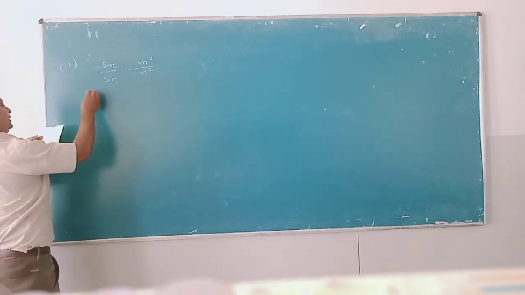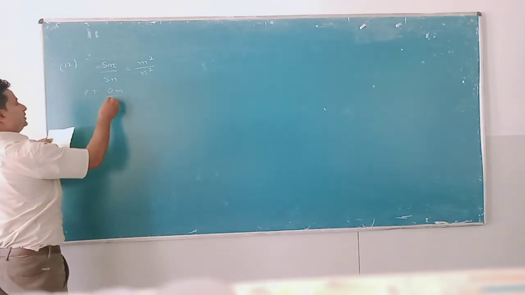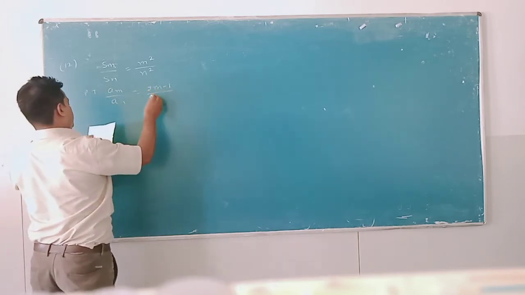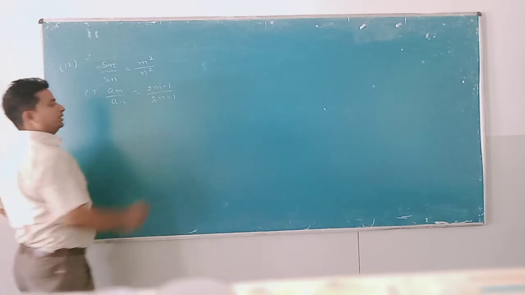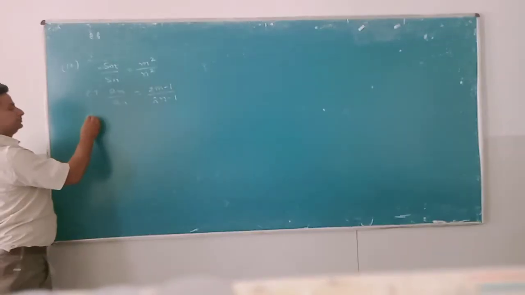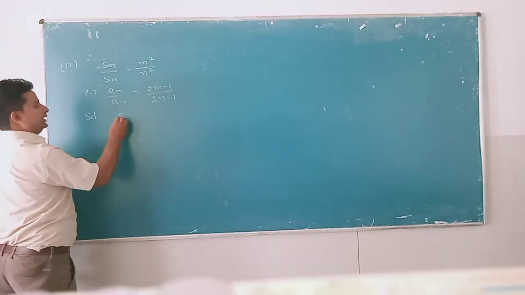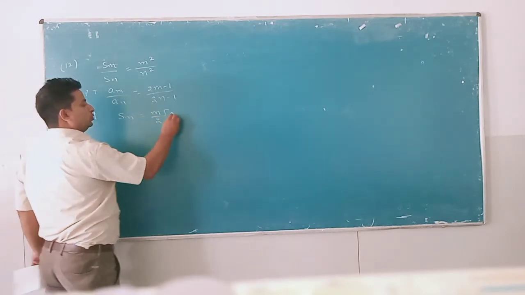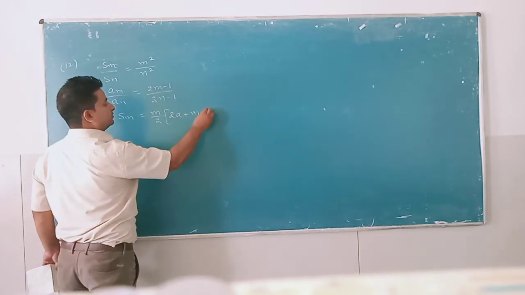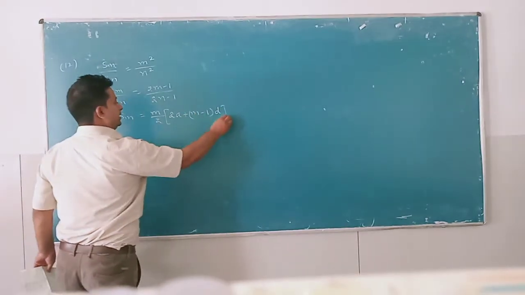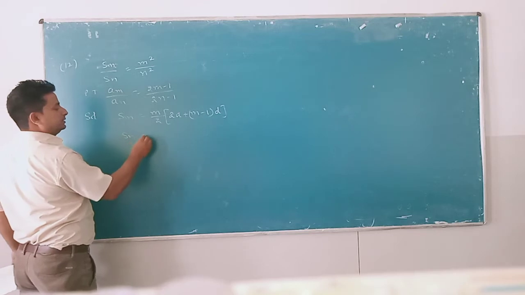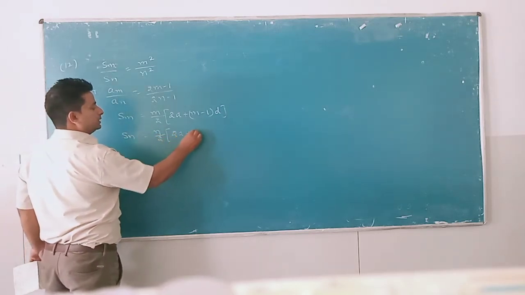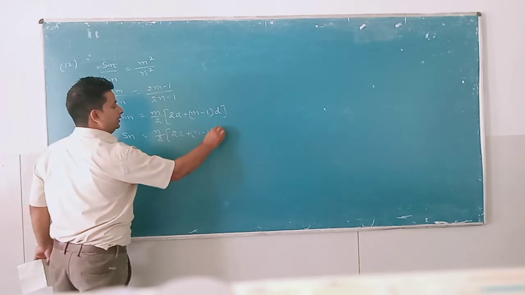We have to prove that the ratio of the mth and nth terms is 2m-1 upon 2n-1. For this, first we find Sm. Sm is m upon 2 into 2a plus m-1 into d, and Sn is n upon 2 into 2a plus n-1 into d.